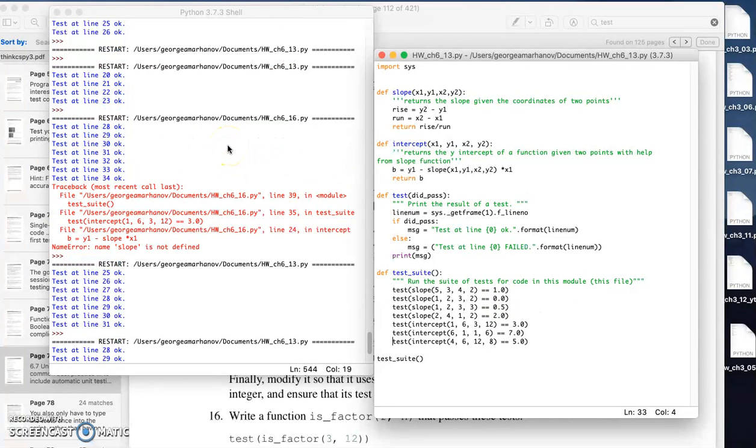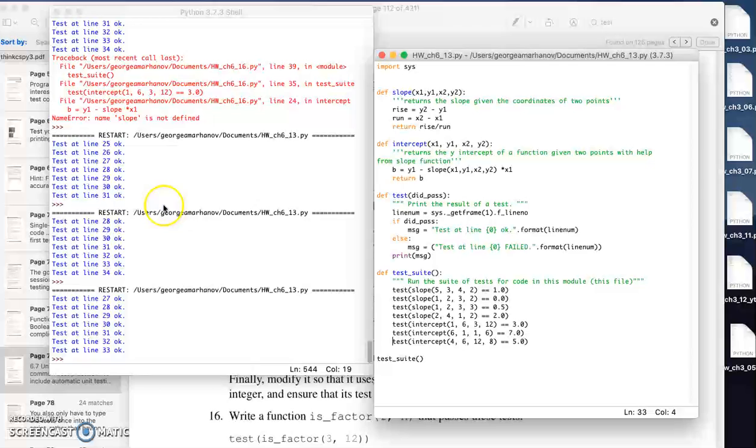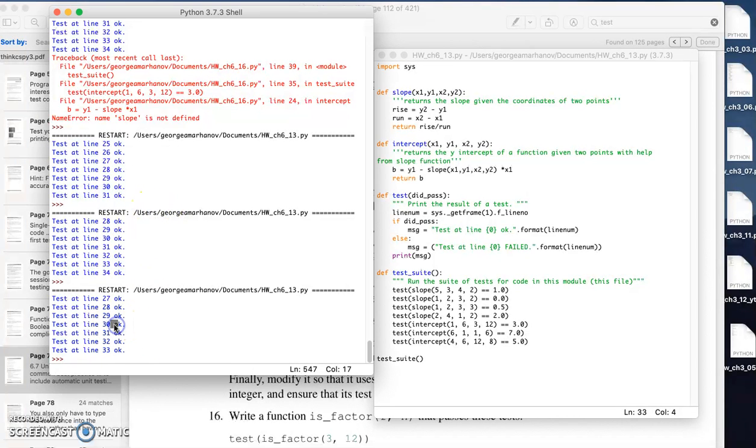If it didn't work out, it would have said test at line 30 failed, if for some reason at line 27, 28, 29, 30, I wrote the function wrong and it was giving me a number other than 2.0, it would have said failed here.